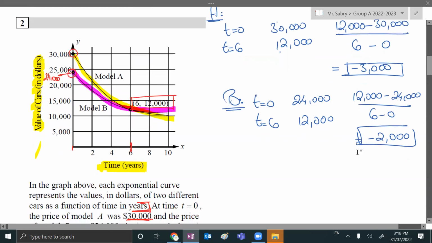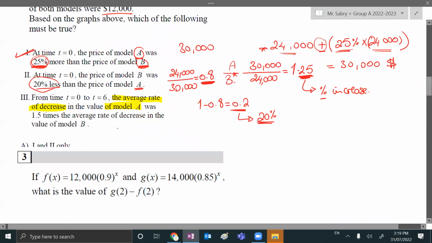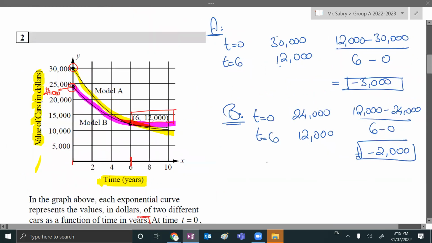Okay, so according to what I read, I got the parts I understood. I understood he's telling me something about the average rate of decrease. I got the average rate of decrease of A and of B, and then I see what he wants. He says the rate of A was 1.5 times the rate of B. Is that true? How can I check?